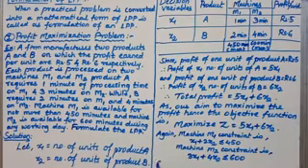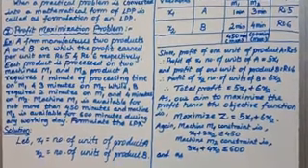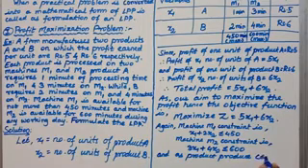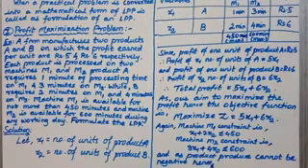And as the number of products produced cannot be negative, hence x1 is greater than or equal to 0 and x2 is also greater than or equal to 0.